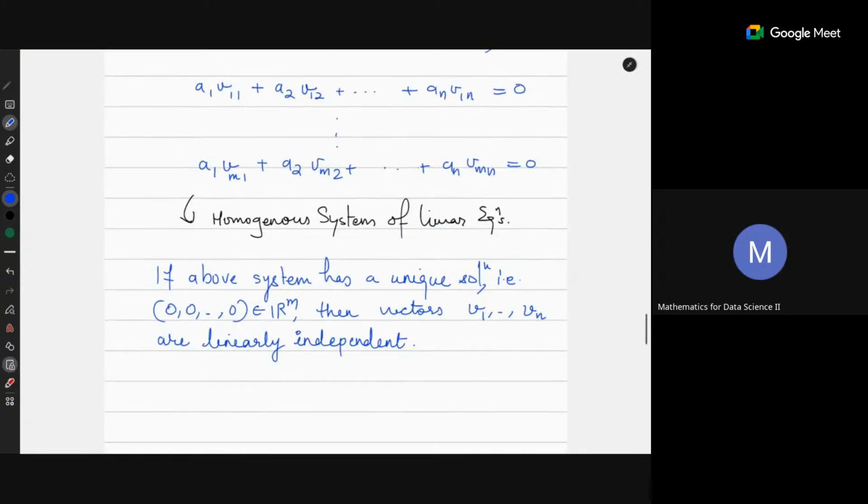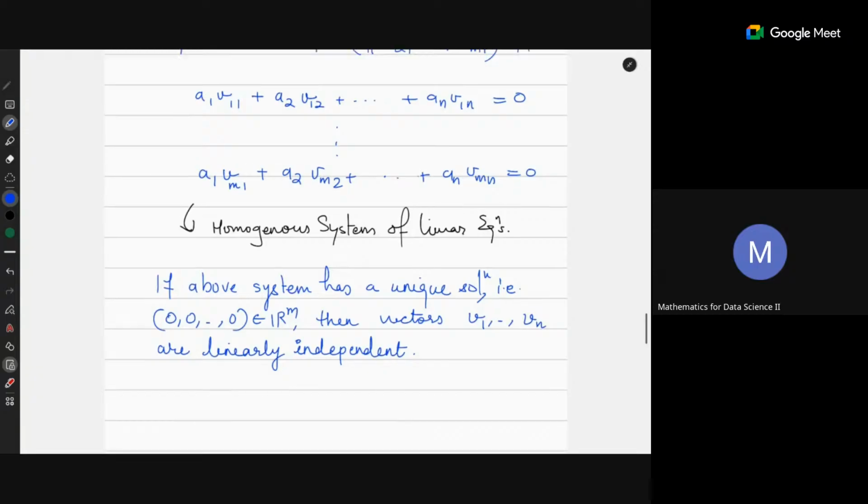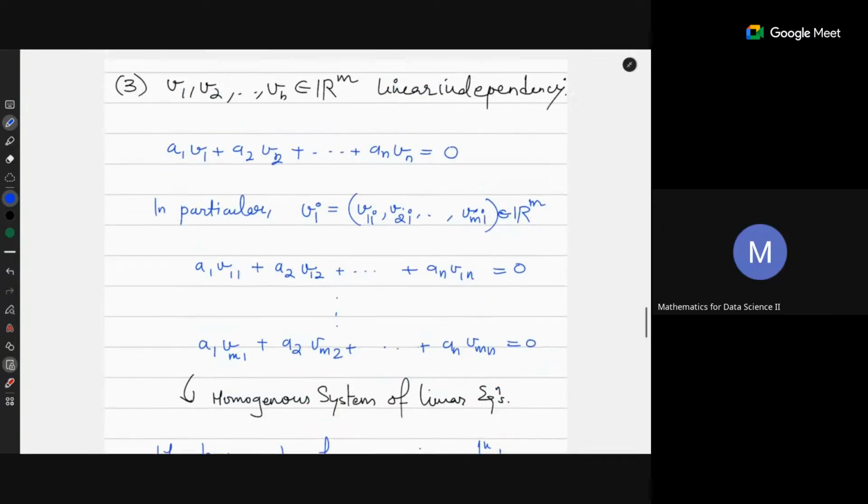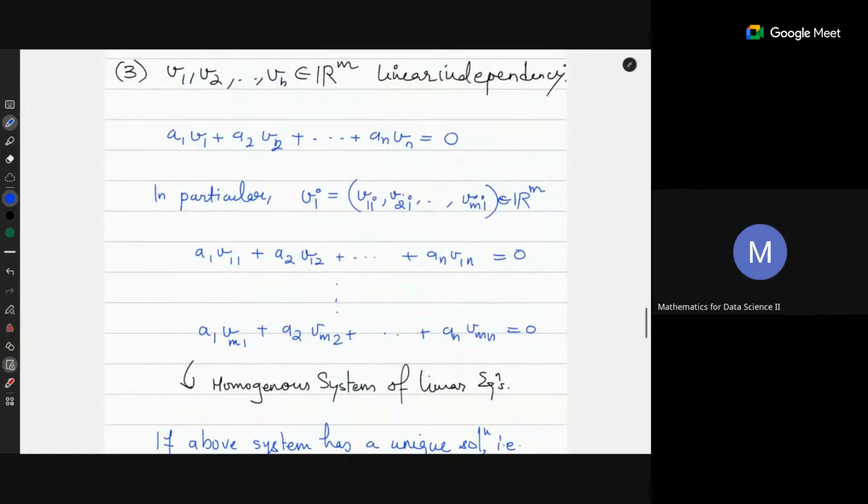So this becomes the condition for linear independence in the case of n variables and m equations.